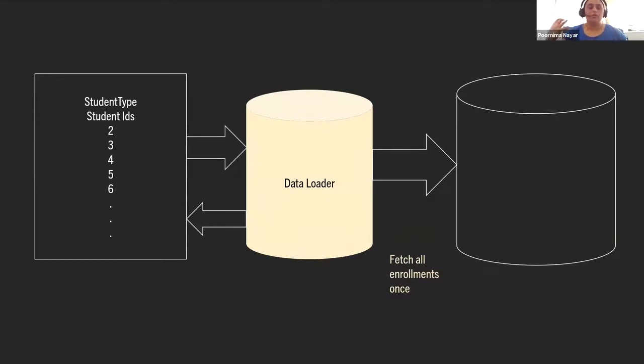If not, it fetches all the enrollments at once for all the students and holds them in memory. The next time another student's enrollment is asked for, it is retrieved from the DataLoader, which is like a cache, rather than hitting the database. So let's quickly have a demo of that in the service as well.